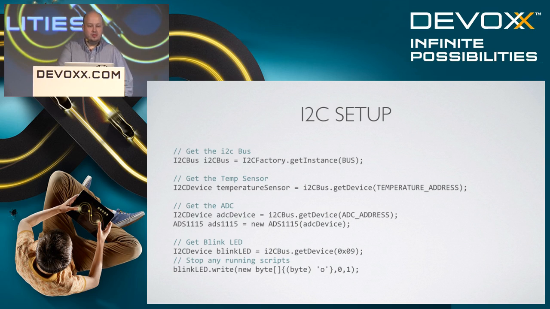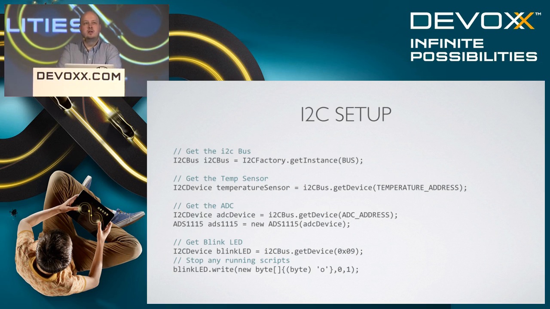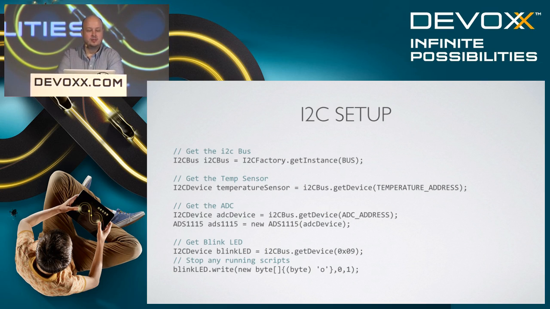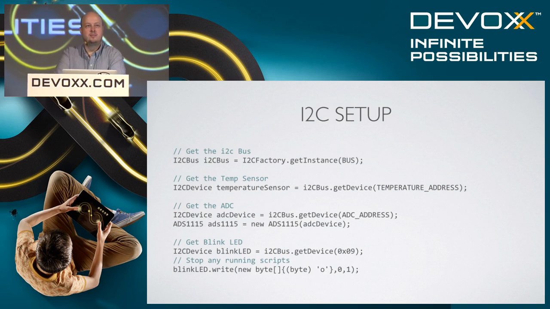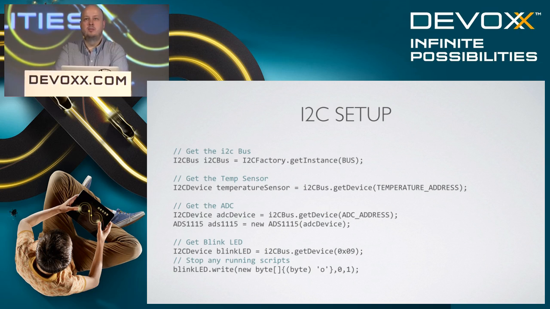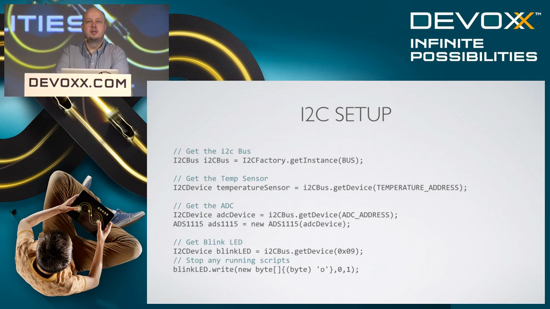So the first thing we do is grab the I2C bus. There are two buses on the Pi. One's on a secondary connector, generally only used for camera control and things like that. You can use it if you really need two buses. Last year at JavaOne, we had the cool robot demo. In that case, we were running off a Pi and we were using both I2C buses because we had a lot of I2C devices.